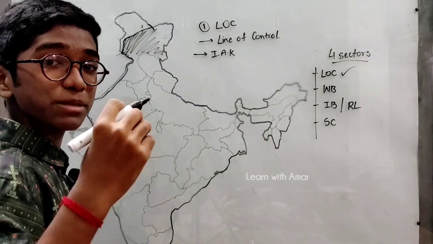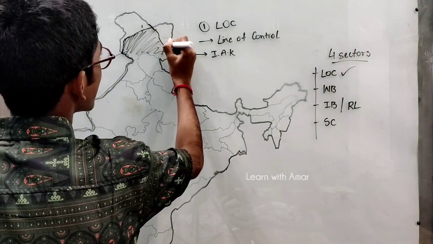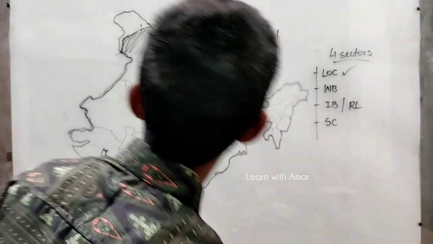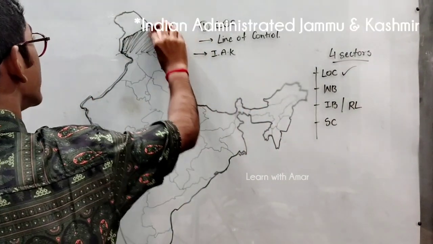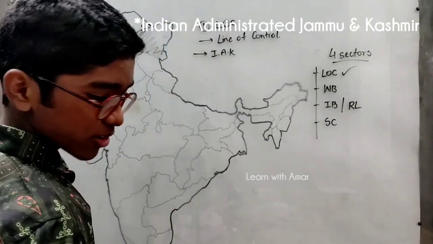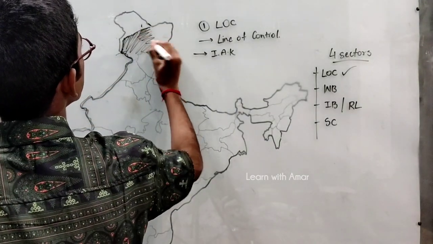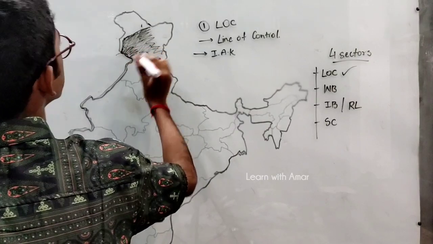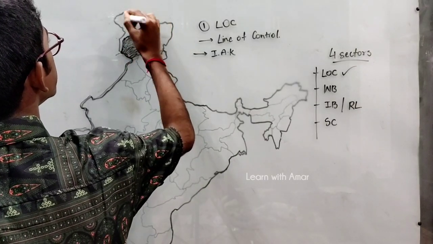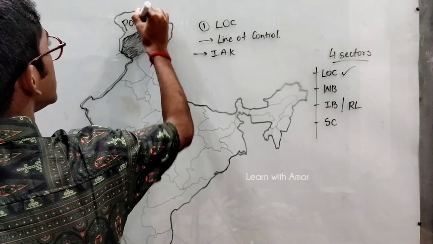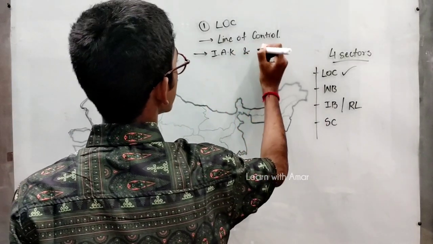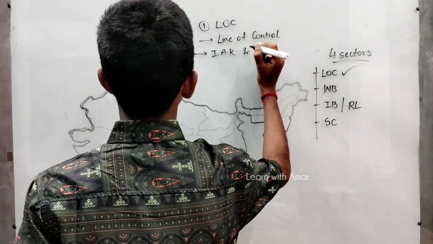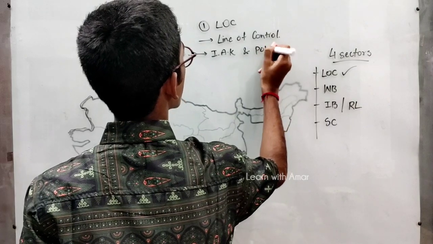As you remember from the previous video, this area belongs to China, the Aksai Chin region, right? So this is not Indian administered. Okay, so this region is Indian administered up to here, and this region we call POK. It separates IAK, that is actually not the short form, but yeah, Indian administered Kashmir, and POK.